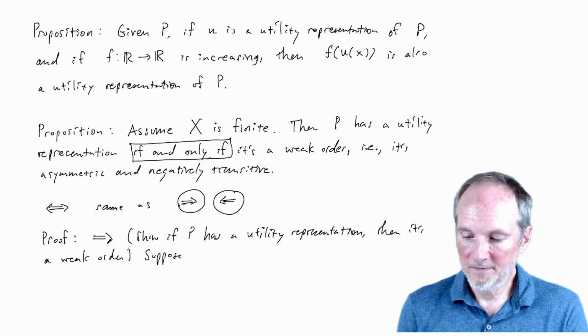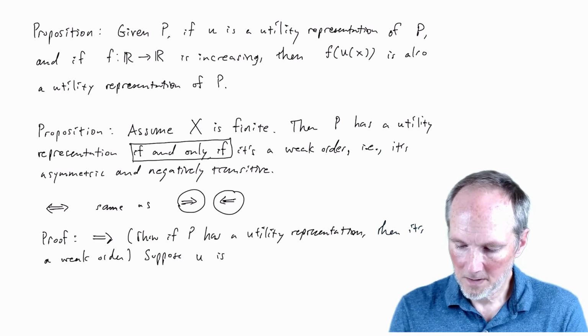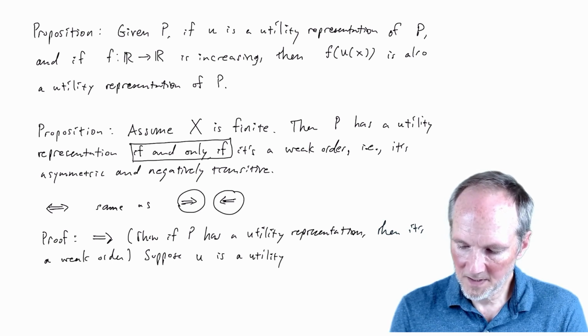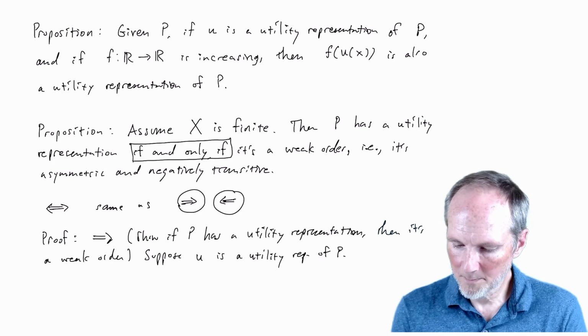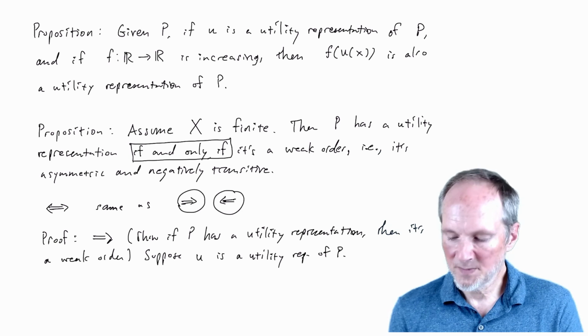We'll just follow convention and use the notation U. So let's suppose that U is a utility representation of P. Well, let's show that P has to be asymmetric.